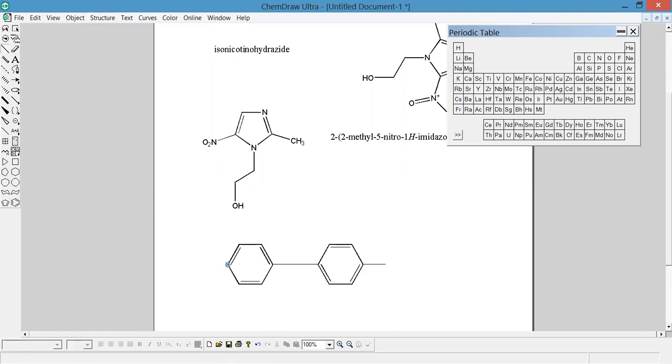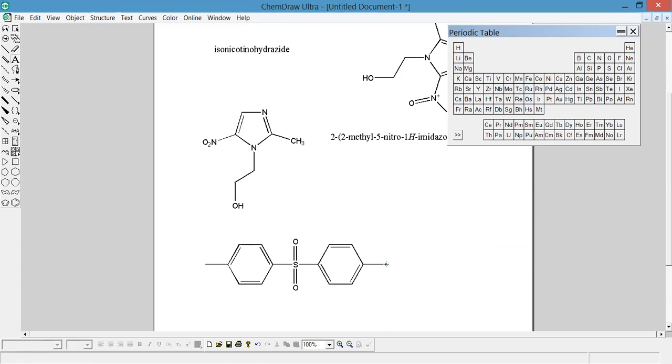Now these are the bonds involved in dapsone. Dapsone is a sulfone derivative. Now select the sulfur atom from the table to put a sulfone bond here. Now add double bonds to this sulfur group, select the oxygen atom from the periodic table, and add it here as a sulfone group.